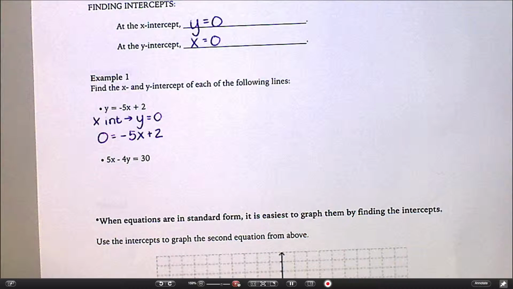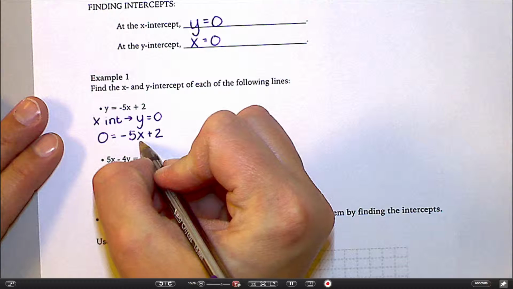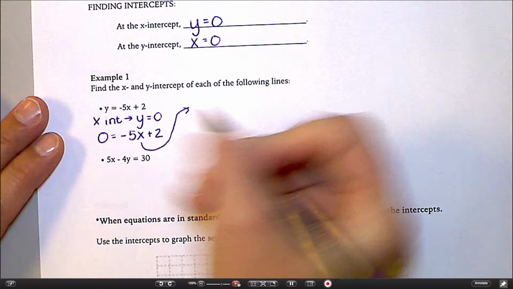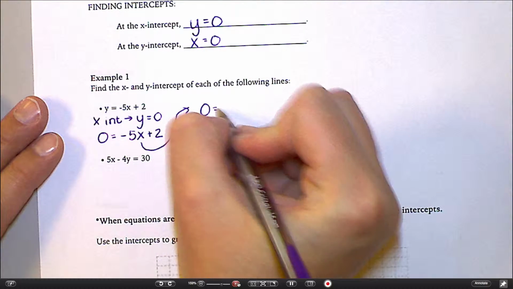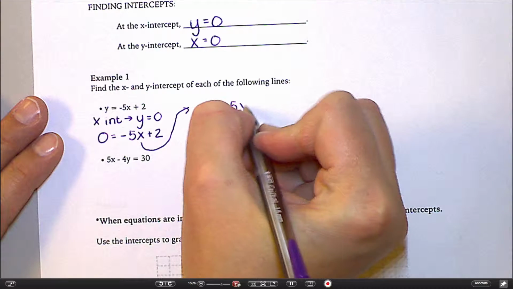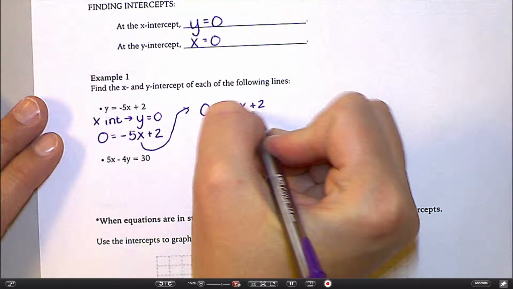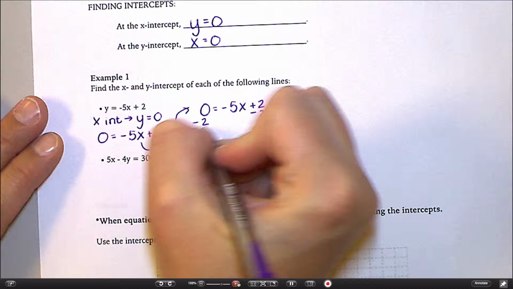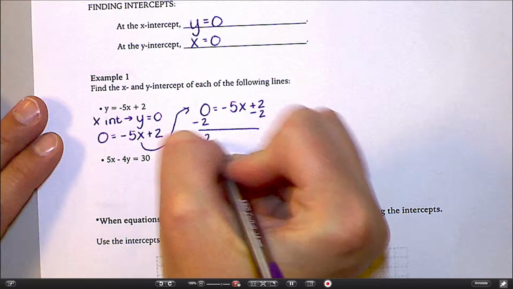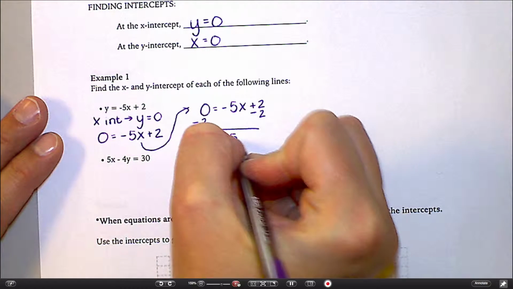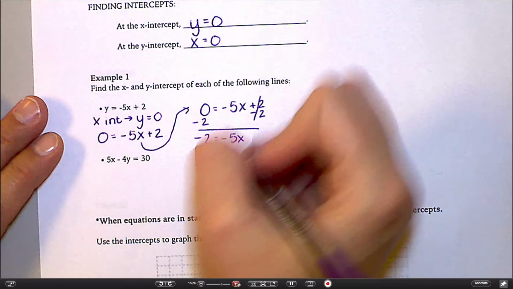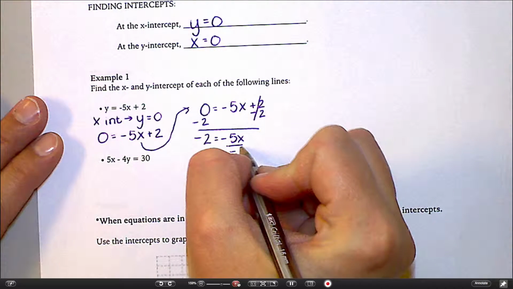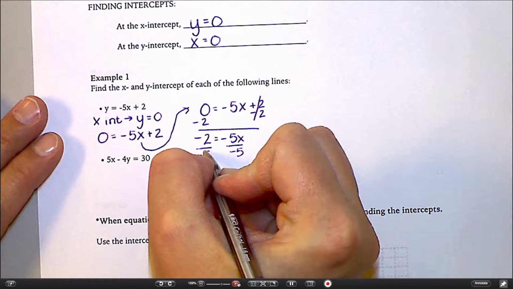And then what do you think I'm going to do? Solve it. I'm going to have to move this over. I didn't give myself enough space. So 0 equals negative 5x plus 2. I would subtract 2 from each side, so I end up with negative 2 equals negative 5x. Then I would divide by my negative 5, divide by my negative 5.